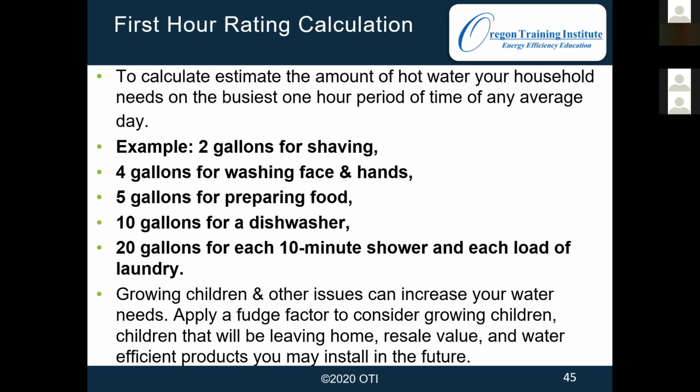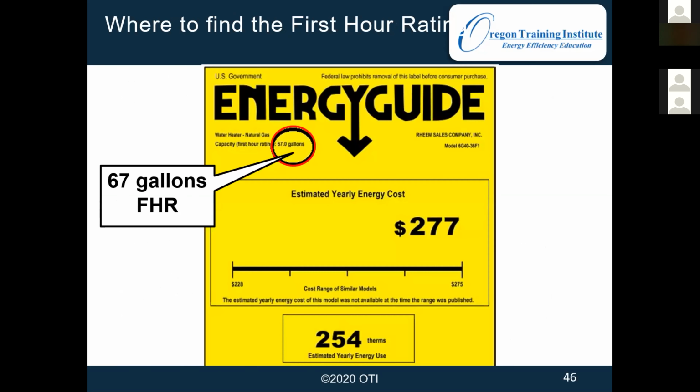Have the customer figure out their busiest hour and start to calculate all these tasks, how much hot water is associated with it. Add it up, and that's your need for that first hour rating. And you want to find a water heater that meets or exceeds that. So if we figured our busiest hour of the day, we're using 50, 60 gallons of hot water. Well, if we get the 67 one, we're going to be pushing it, but should be able to keep up.